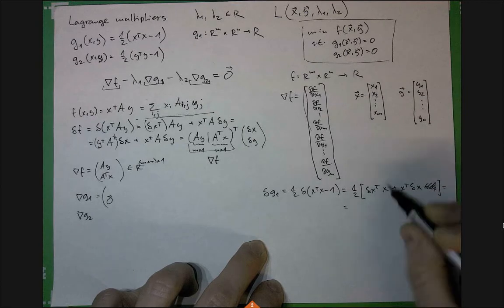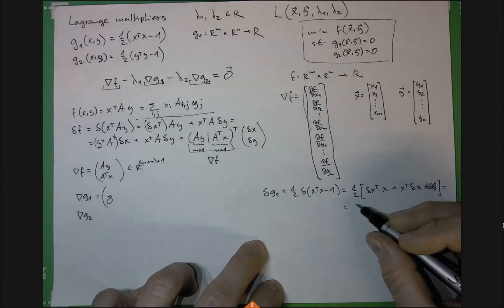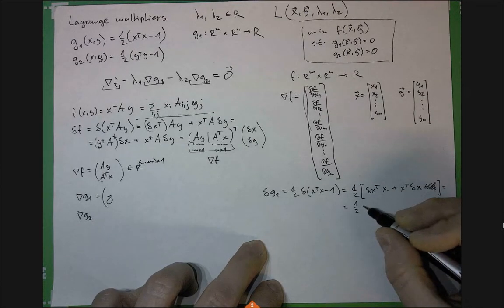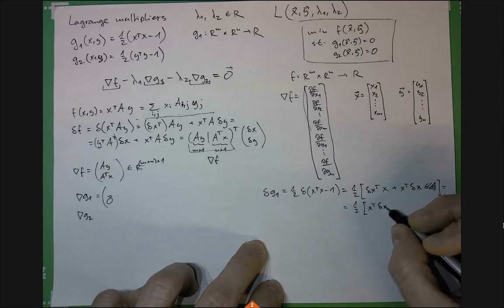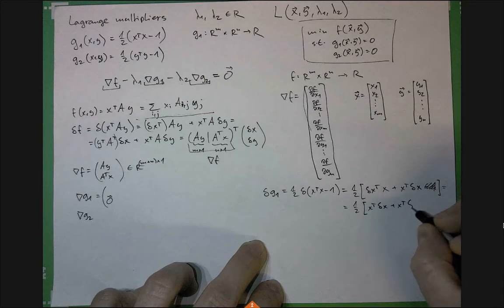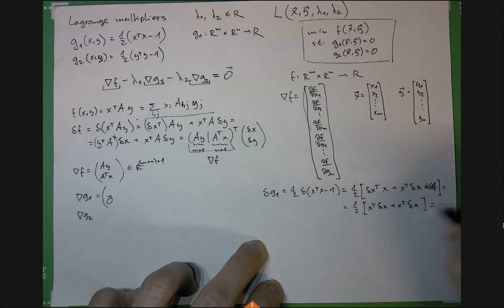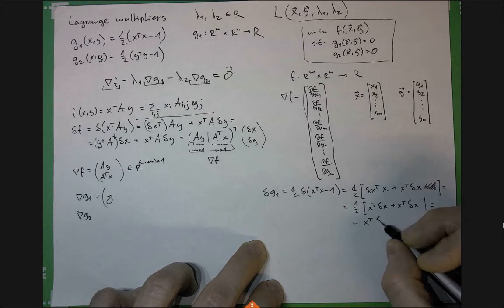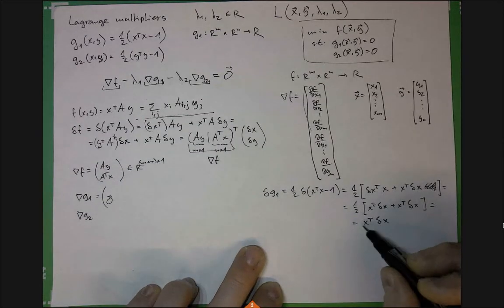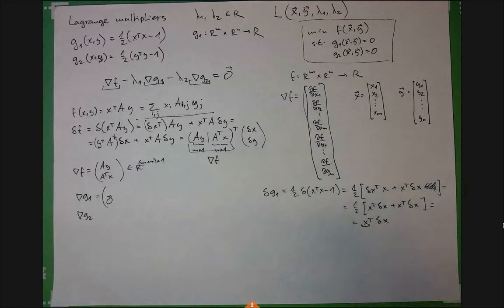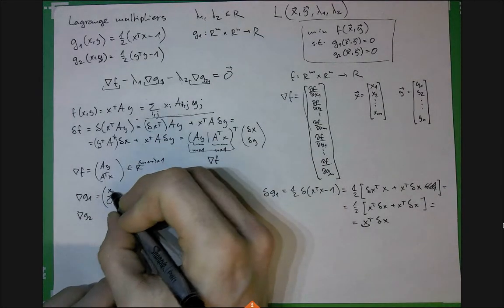Transposing the first term, this is just 1/2 of x transpose dx plus x transpose dx, taking baby steps. So this is just x transpose dx. This thing is the gradient transposed. The gradient is just x.